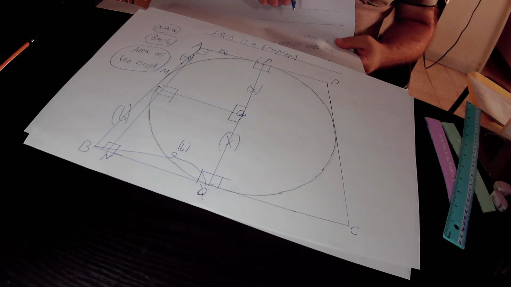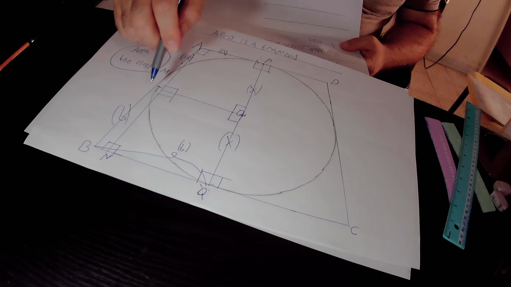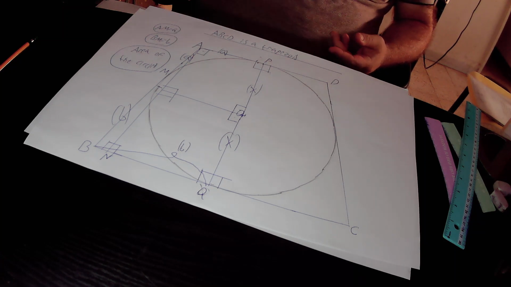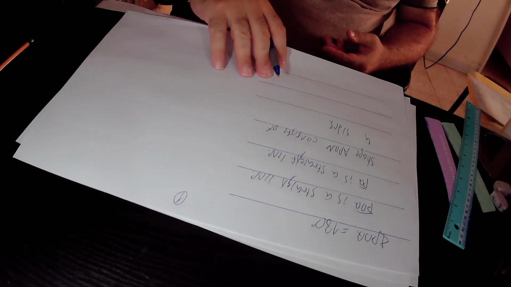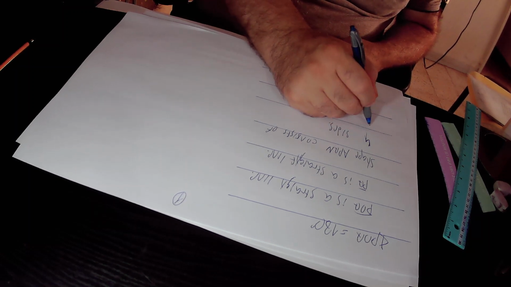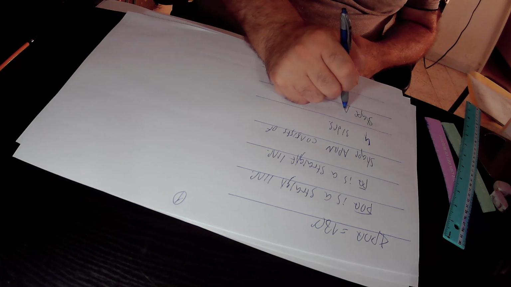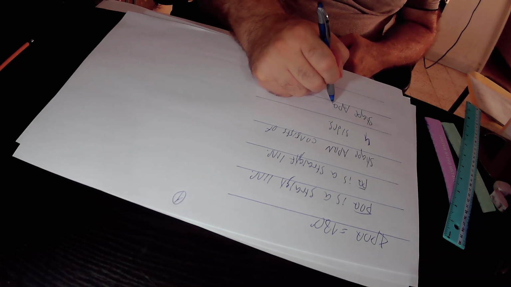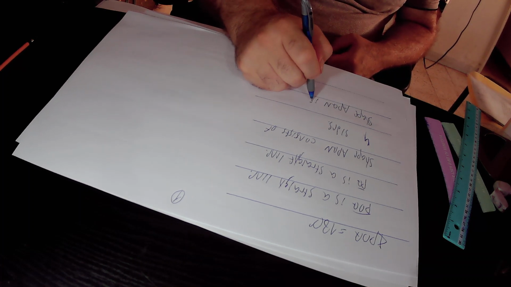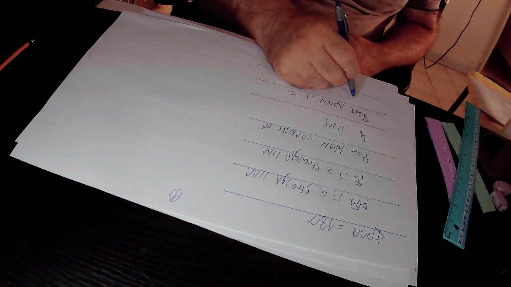And therefore, this shape APQN is a quadrilateral. So write it down. Shape APQN is a quadrilateral.